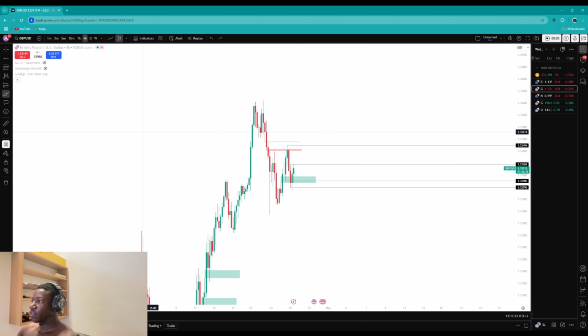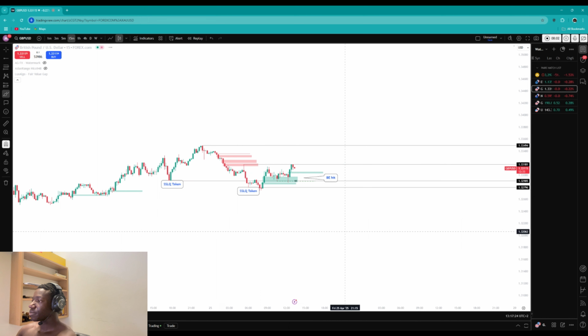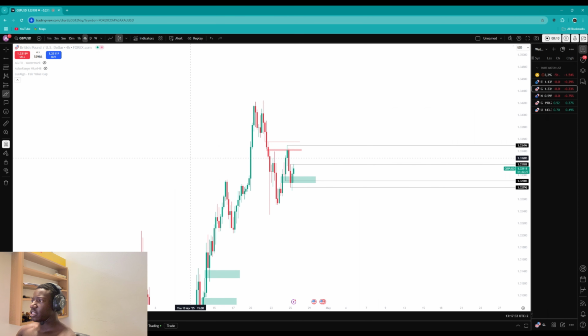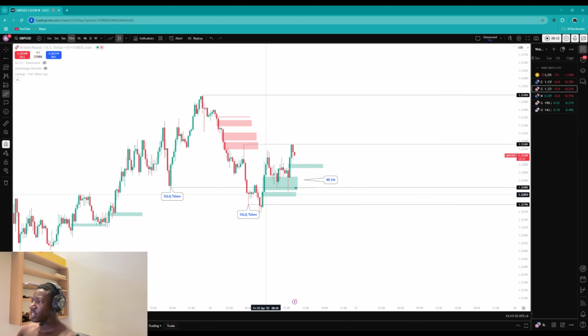I'll show you on the M15, it looks much clearer. And when price swept this low, after sweeping this low, it went and switched bullish. Some people would actually enter these trades somewhere around here, just as soon as price gives a bullish breakout structure, and then the re-entry off of the FVG.